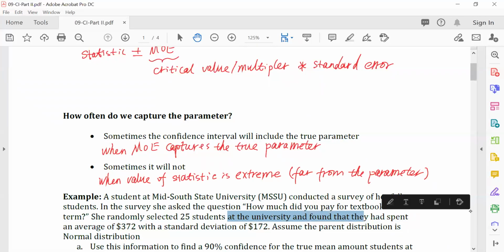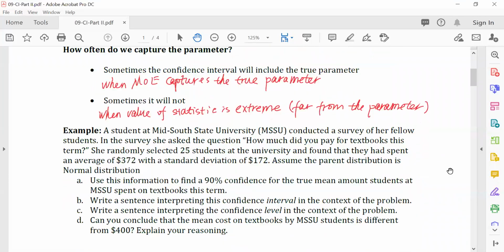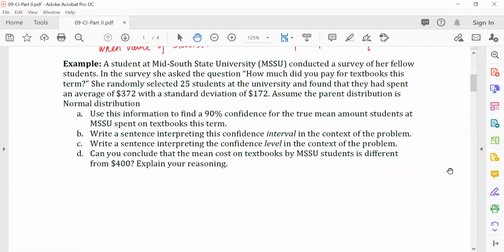Now, take a look at the example here. I will give you a few seconds to read the question. So let's do A first.